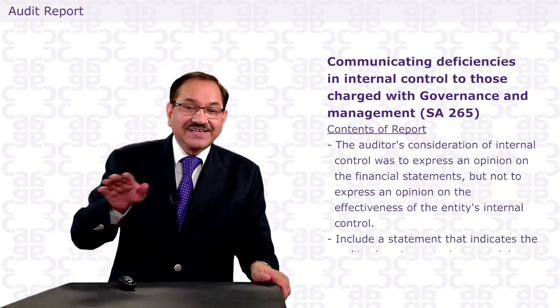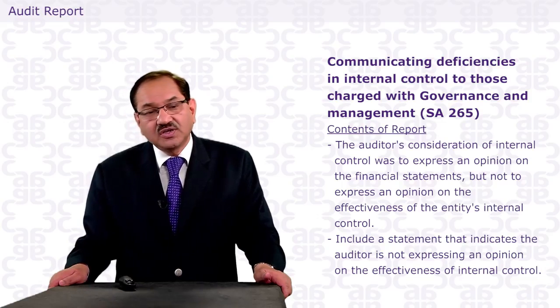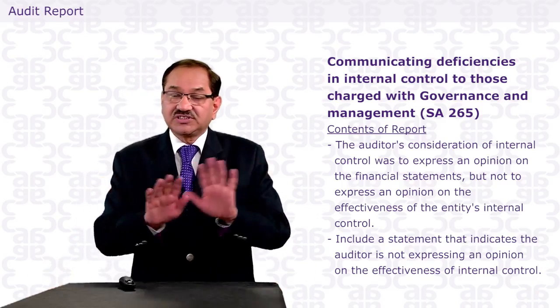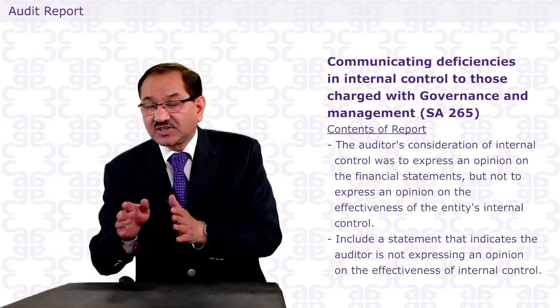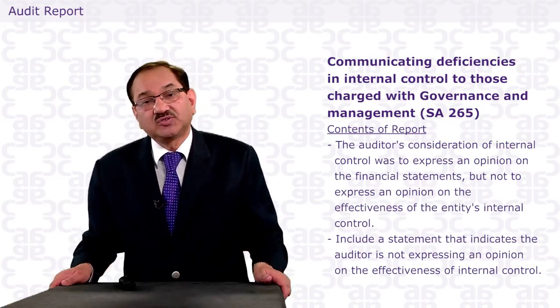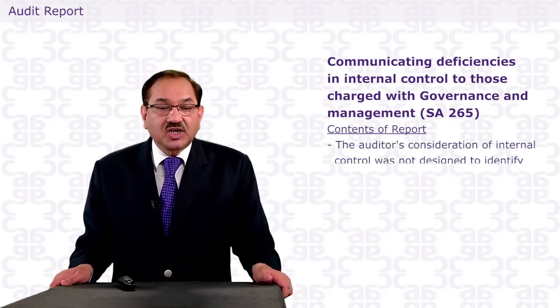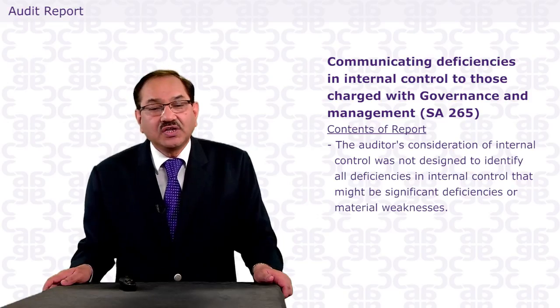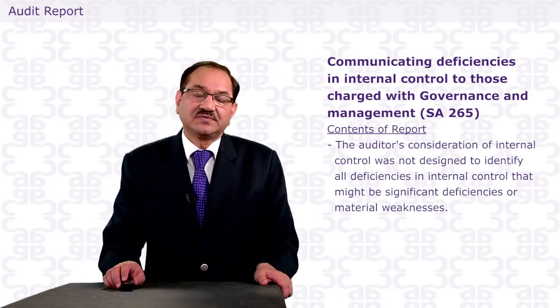Include a statement that indicates the auditor is not expressing an opinion on the effectiveness of internal control. As I explained, our audit process is not designed for that purpose. It was designed to express an opinion whether the financial statements show a true and fair view. The auditor's consideration of internal control was not designed to identify all deficiencies in the internal control that might be significant deficiencies or material weaknesses.